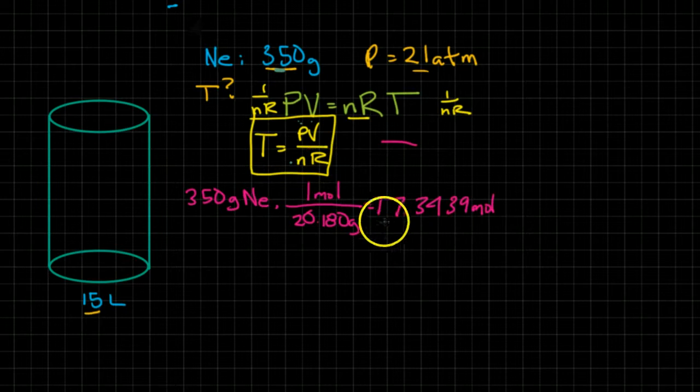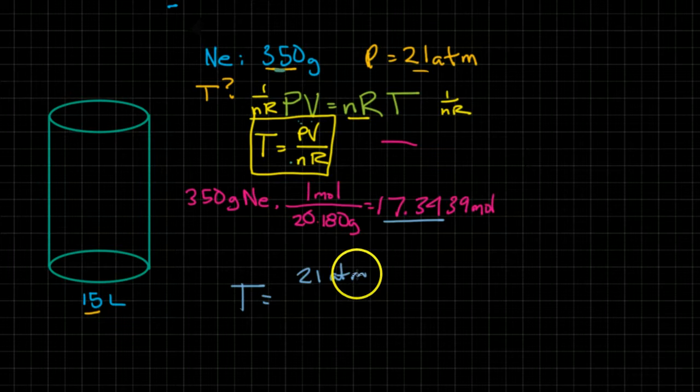So now that I have this number here, I can start filling things in. I'm going to say the temperature is equal to the pressure, which is 21 atm, times the volume. And I said that was 15 liters. It's a pretty big container, right?